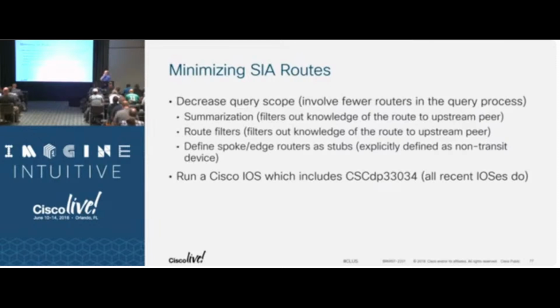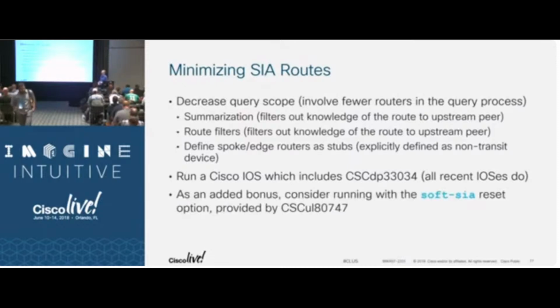And possibly run an IOS that includes the SIA query and SIA reply extension, which would be an IOS compiled anytime after 2000, which is, I suppose, what you're running. As an added bonus, to stabilize the network, even if you are possibly hit with SIAs, consider using the soft SIAs here. Yes, sir?